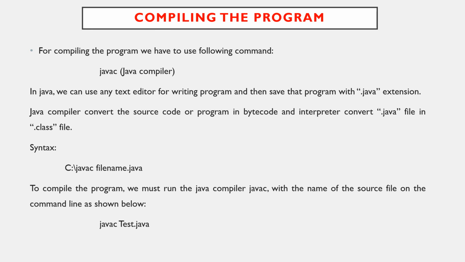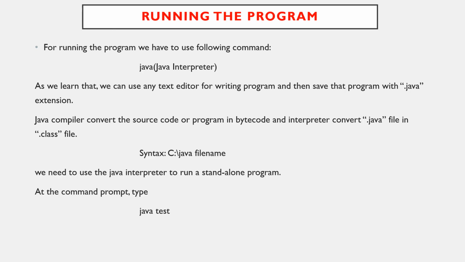Then the Java compiler converts this source program to bytecode. The syntax is javac space filename.java. To compile the program, we must run the Java compiler by using javac with the name of the source file on the command line, like javac space Test.java.